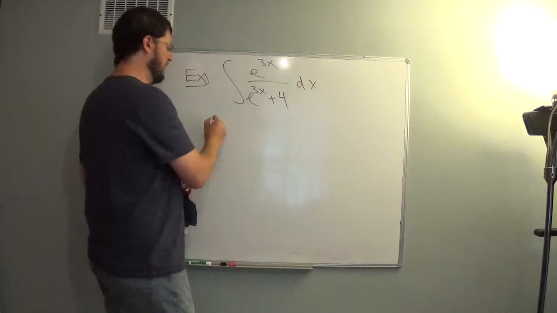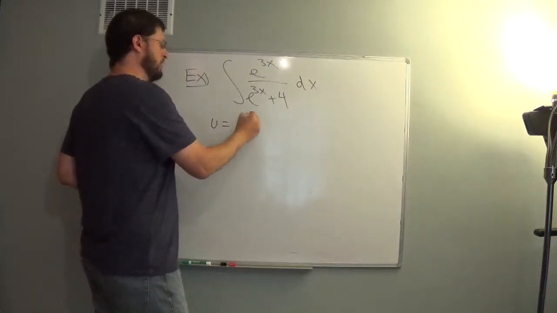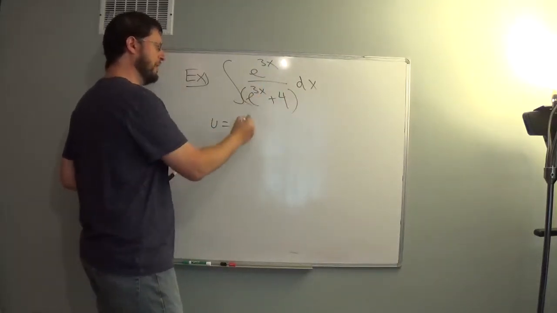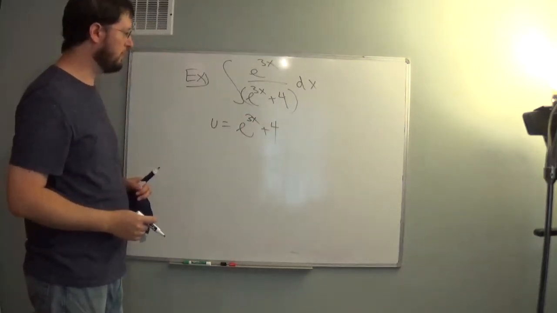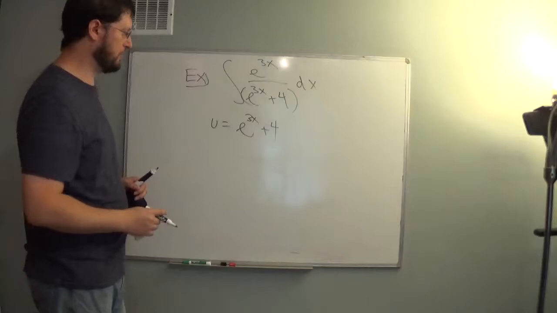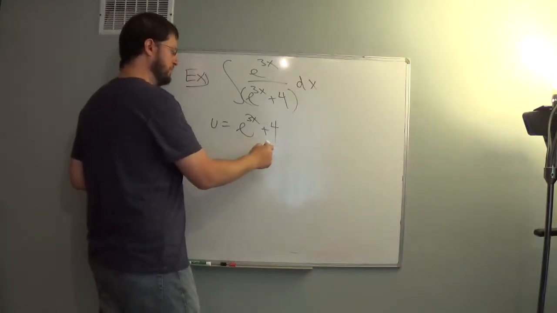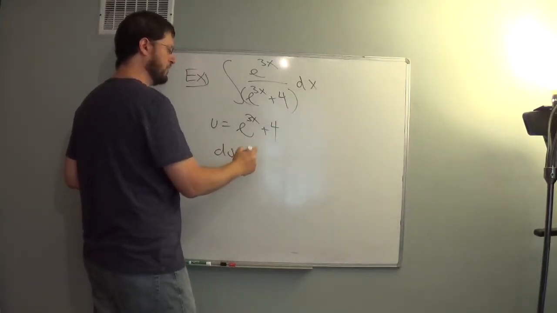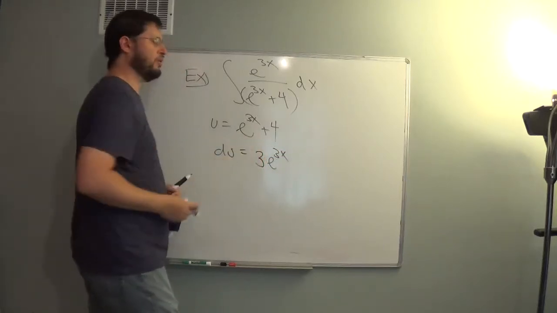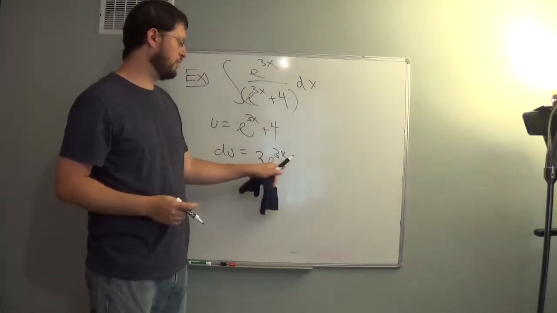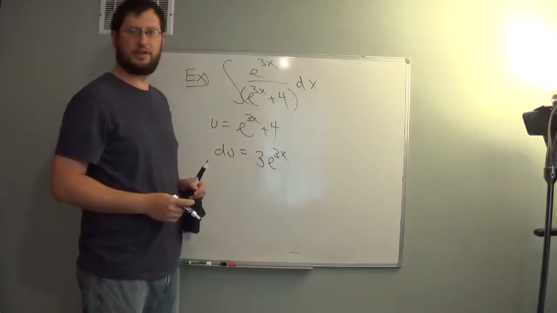But if we try the alternate idea, which is to let u be the entire denominator, e to the 3x plus 4, we'll actually find something that works. If u is e to the 3x plus 4, du, the derivative of e to the 3x, is e to the 3x multiplied by the derivative of the exponent, which is 3. So 3e to the 3x.